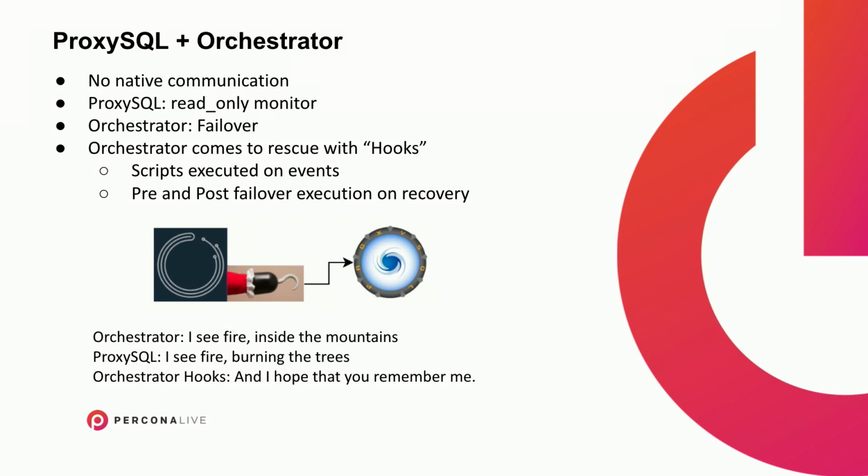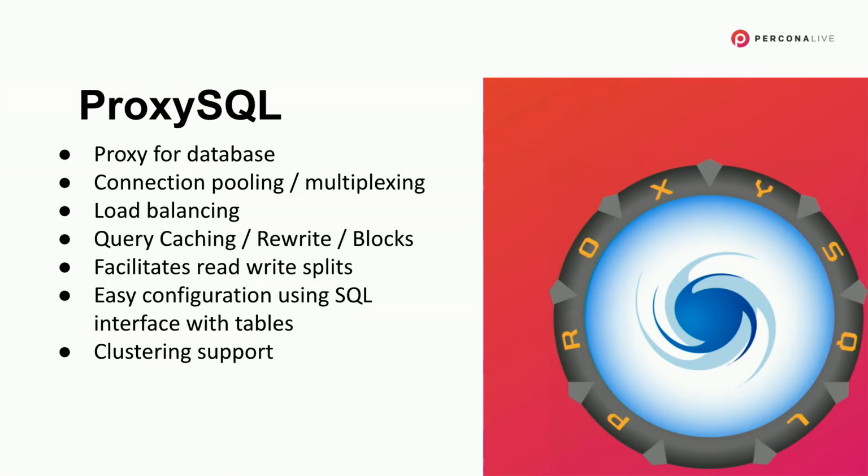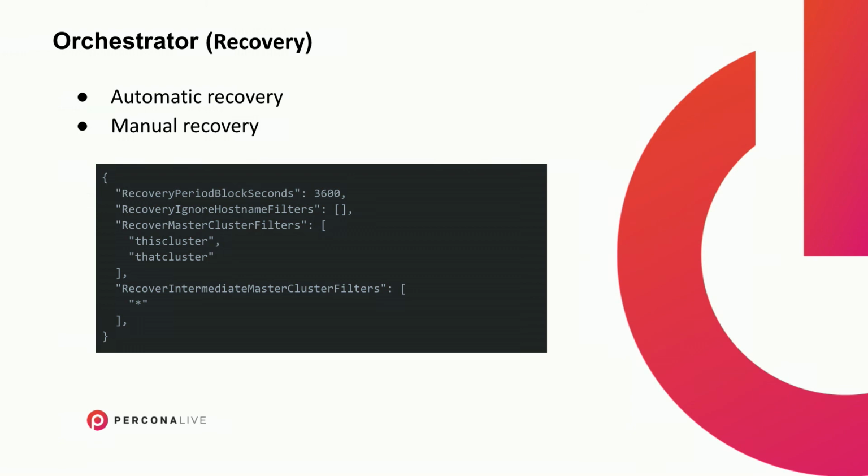So, if we are hitting some bug in MySQL and MySQL is restarting every 30 minutes, is Orchestrator smart enough that it will not keep on hitting it and not keep on removing nodes from Consul? Yeah, so do you see this recovery period block seconds?